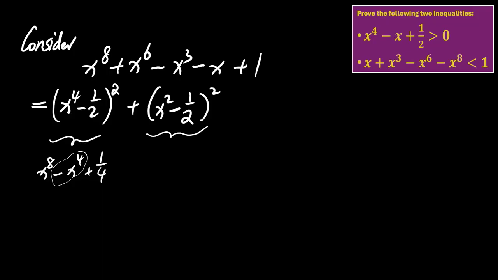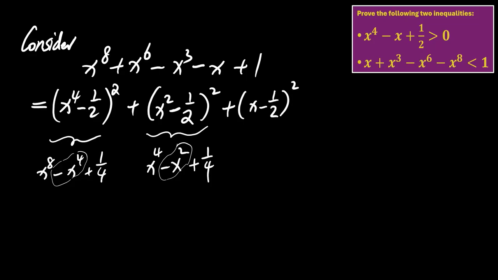And this will have x to the power 4 minus x squared plus 1 over 4. Again, we do not want to have negative x squared, so plus x squared. Likewise, we minus half here, and this will be x squared minus x plus 1 over 4.